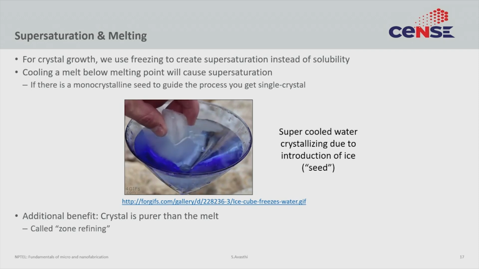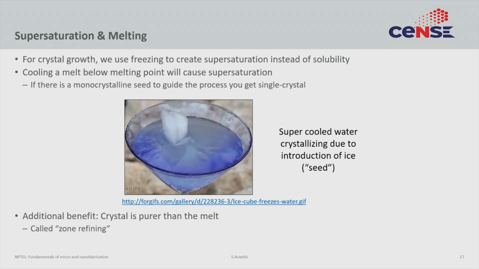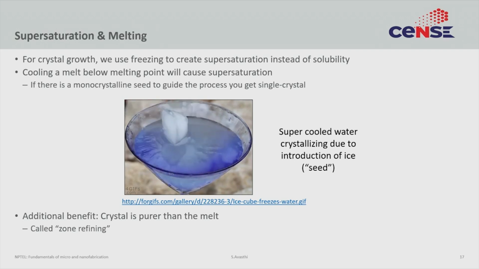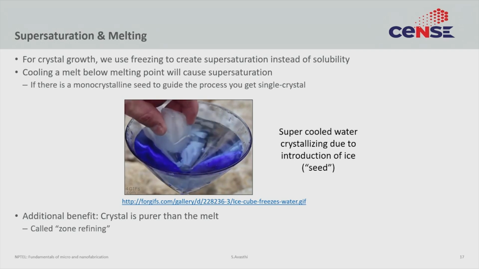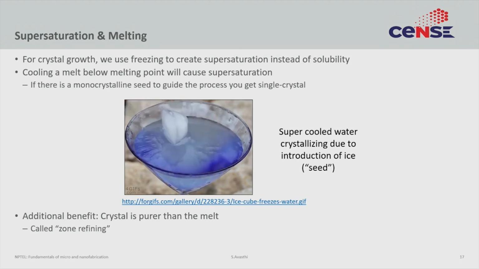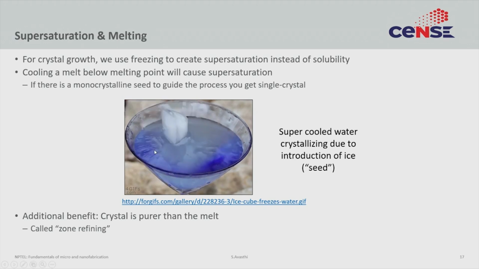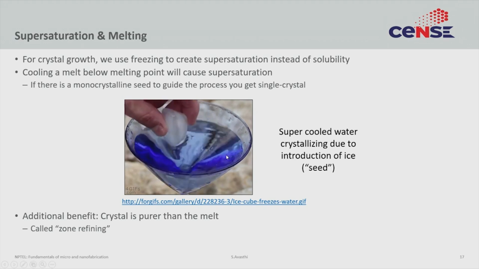So, the crystal of ice that you are forming is also polycrystalline and uncontrolled. In a Czochralski method, this whole process is much more precisely controlled, and because the seed has a single grain, you grow a single crystalline ingot. Okay. So, this is what supersaturation fundamentally does for you.